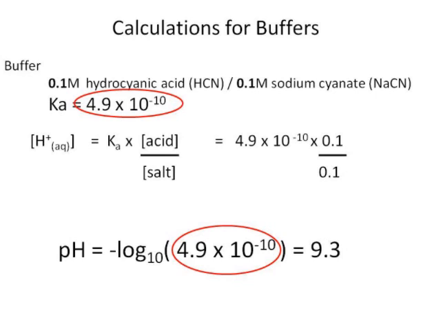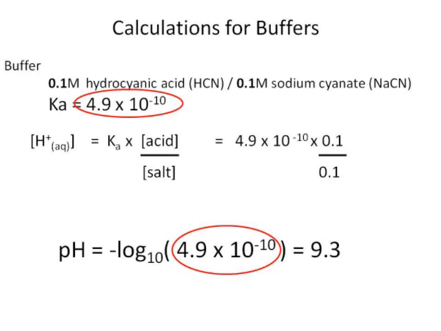If we have 0.1 molar of each, and the acidity constant is 4.9 times 10 to the minus 10, then the pH is going to be the negative log of 4.9 times 10 to the minus 10, and the pH will be 9.3.